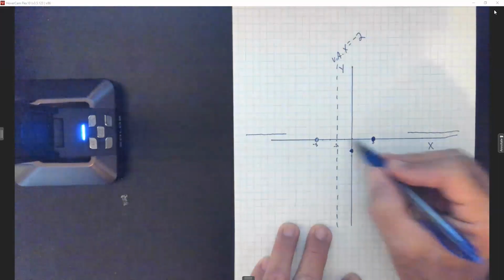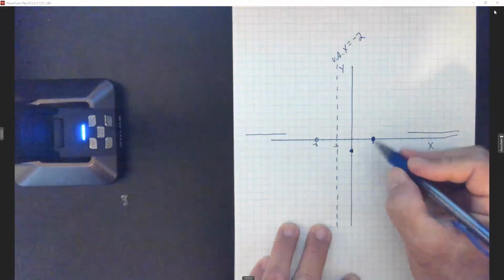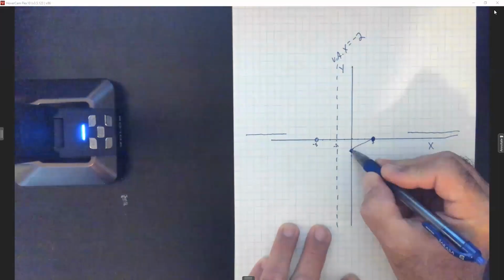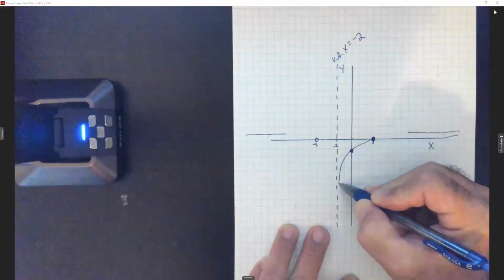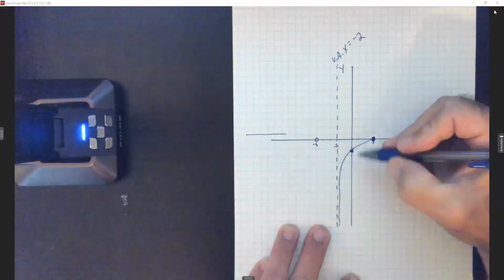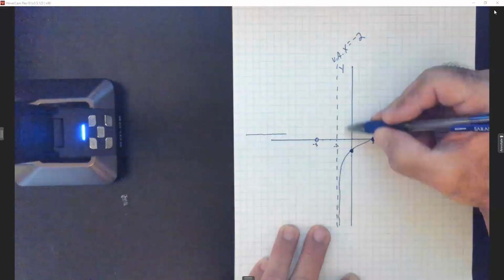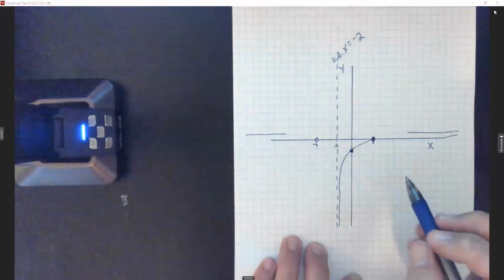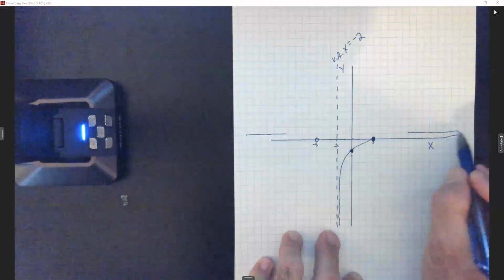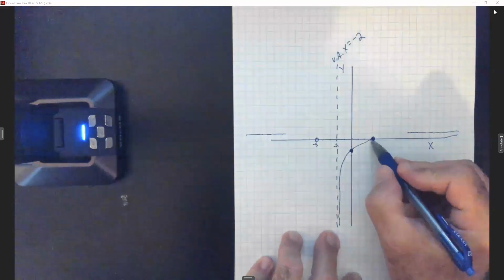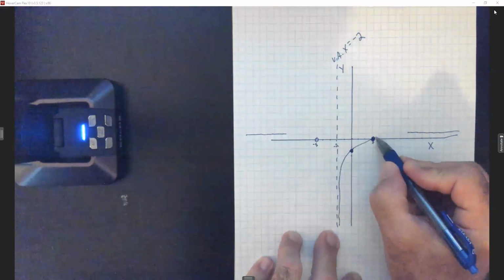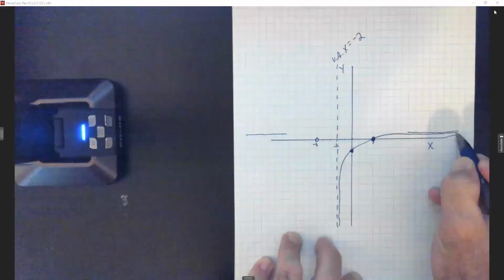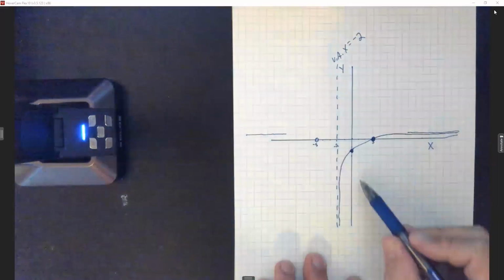So since I know it's touching the line here, it's going to come down like this. So watch me, it's going to come down. And then since it cannot cross that line, I'm just going to keep on going down. Now, the reason we knew this didn't go up is because it could not cross that x-axis again. It had to stay under it. So since this one came up, and I know I got me a horizontal asymptote out here trying to get it to 1, on the right side, it's just going to keep going, and it's going to try to get to that 1 right there. But it really never can reach it. It just gets closer and closer as you head towards positive infinity.